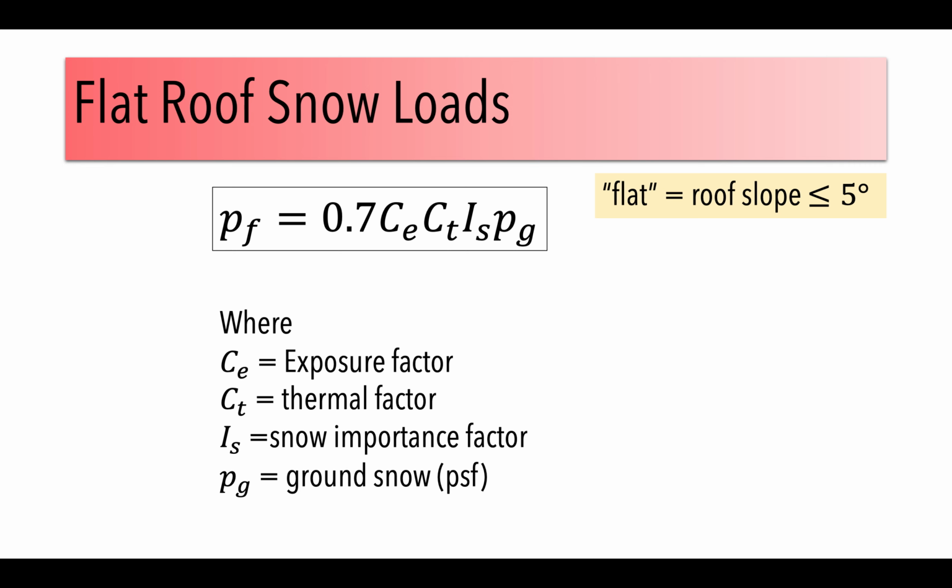This simply means that the ground snow load should be reduced compared to the roof snow load. That's why we multiply by 0.7. And then the other factors depend on the exposure or the temperature in that particular structure or how important that particular structure is. So we are going to talk about these factors next.